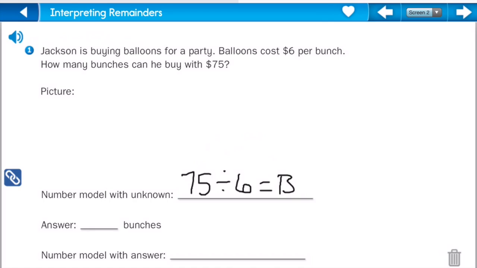So now, let's think about our picture. I know the balloons cost $6 a bunch, so I'm going to start by drawing some balloons, and I'm going to see how many I can get till I get to 75. So I'm going to start thinking of my multiples of 6.